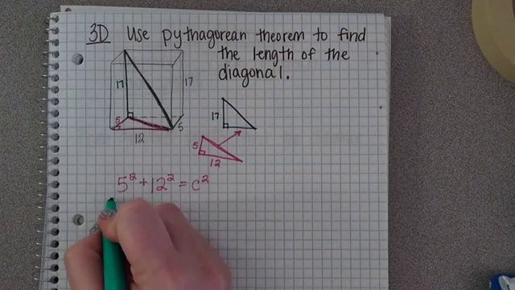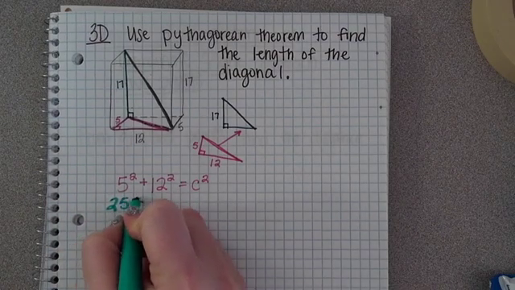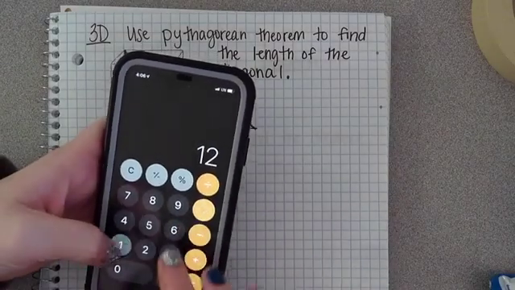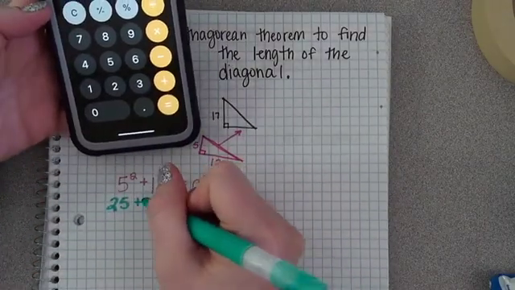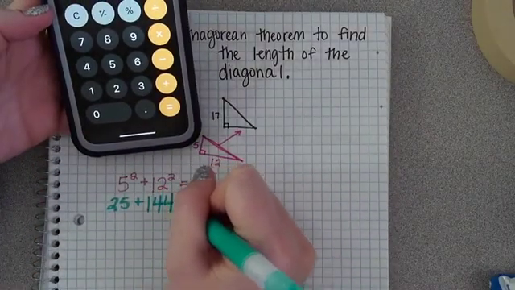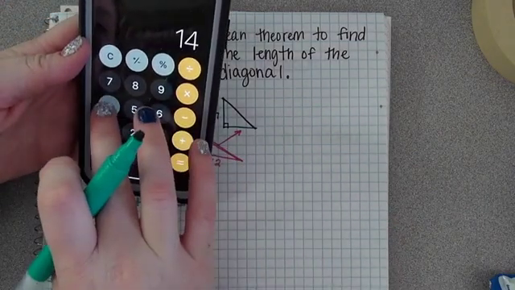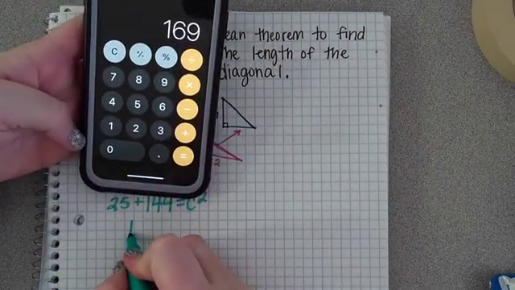5 times 5 is 25 plus 12 squared. 12 times 12 is 144 equals c squared. 25 plus 144 is 169.